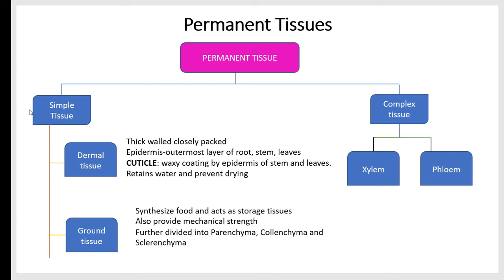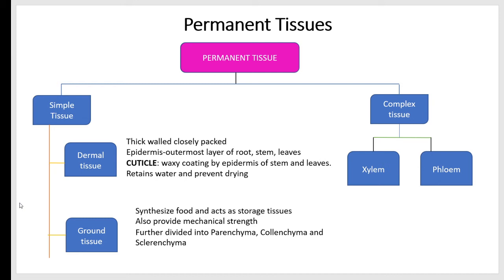So in simple tissues, there are two divisions known as dermal tissue and ground tissue. Dermal, the name itself tells, dermal means epidermis, the skin. It is very thick-walled, closely packed, usually known as epidermis, the outermost layer present in root, stem and leaf.